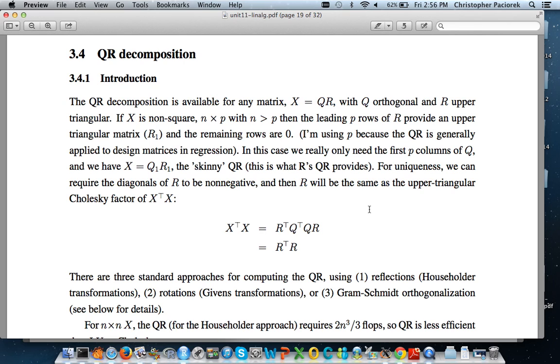One of the reasons this is particularly useful for regression is as follows. I've got X transpose X. Suppose I decompose X by the QR decomposition. So this is now QR and QR transpose, which if I flip the R and the Q by the usual rules of transposes, I've got R transpose Q transpose QR. Why does this equality hold?